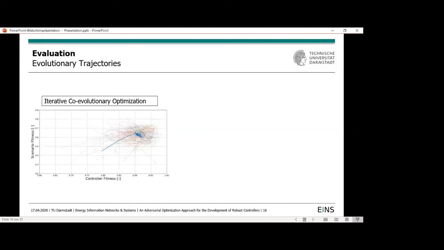As depicted here, in this approach, the co-evolutionary method tends to quickly reach a local optimal area where we have a rather high variance in this convergence area, which indicates the cyclic behavior which we mentioned earlier.